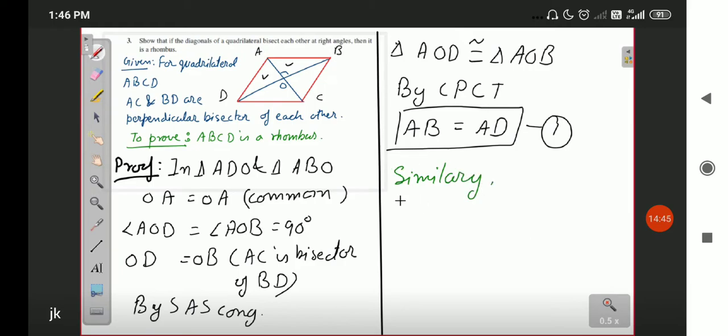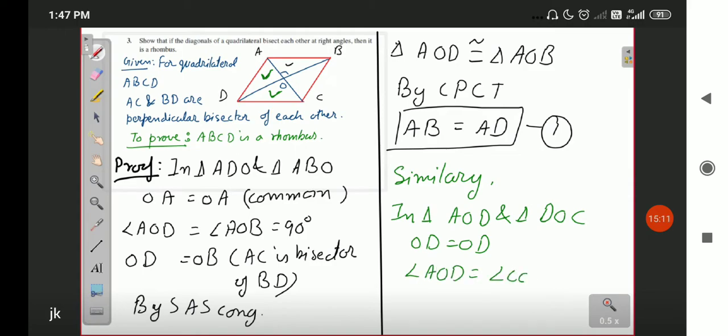for another pair of triangles, triangle AOD and triangle DOC, I am taking two triangles on diagonal AC. For these two triangles, same funda, OD and OD are equal. Angle AOD is equal to angle COD is equal to 90 degrees, and finally OA and OC are also equal.